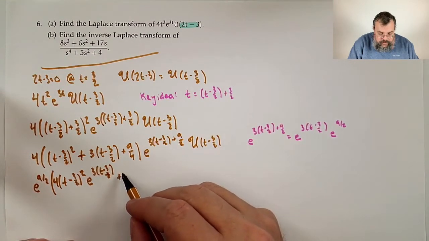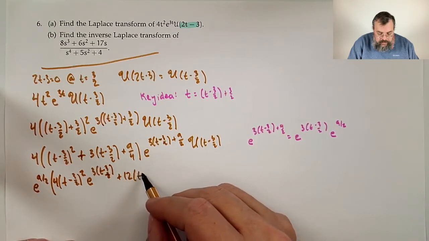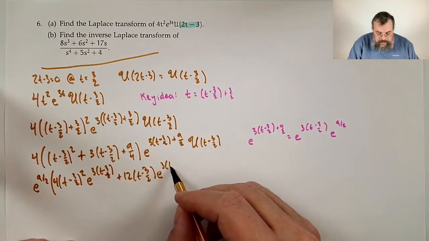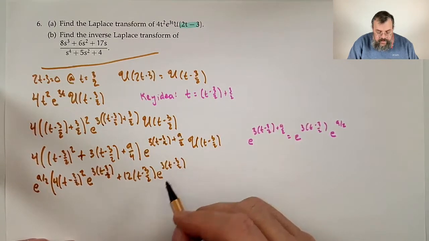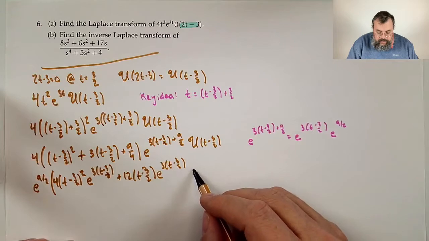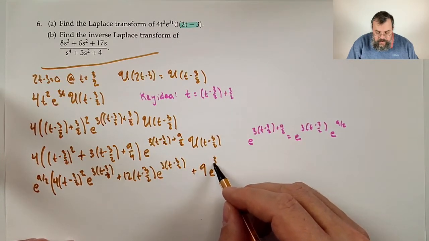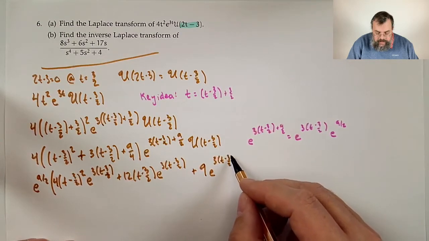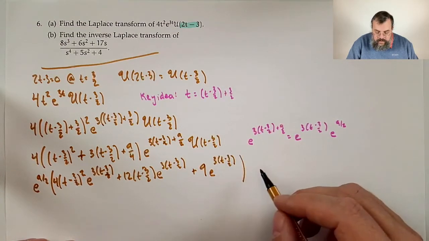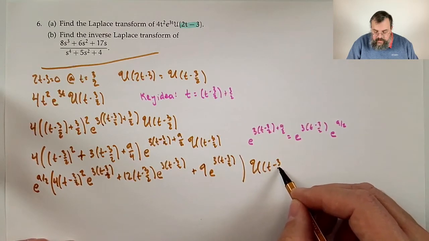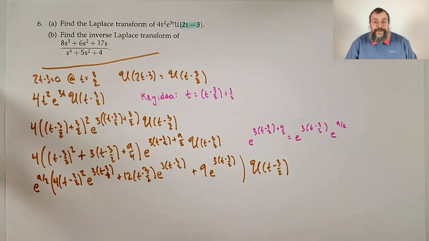And then plus 12 t minus 3/2 e to the 3 times t minus 3/2. All right, and plus 9 e to the 3 times t minus 3/2. And all of this is times the unit step function of t minus 3/2.